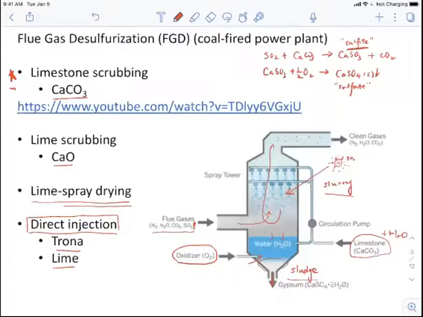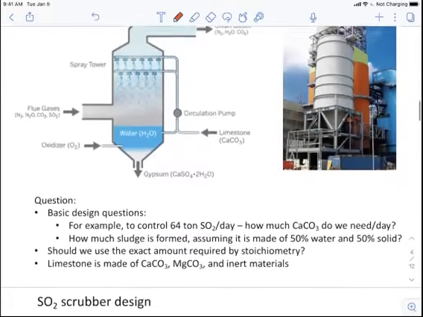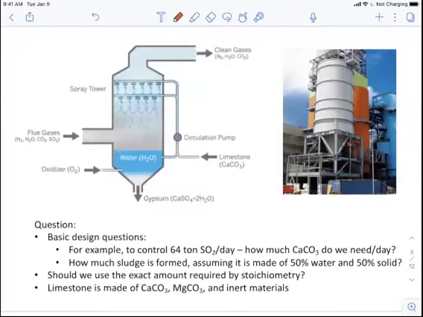All right. So then we may have the question: what are the design parameters for the limestone scrubbing or for the sulfur dioxide control? I would say that the most important two parameters that we're interested in are how much limestone we have to provide in and how much gypsum we're getting out.